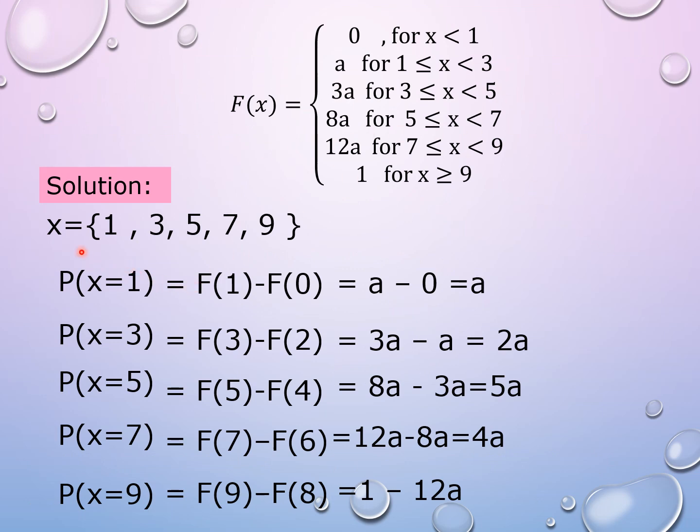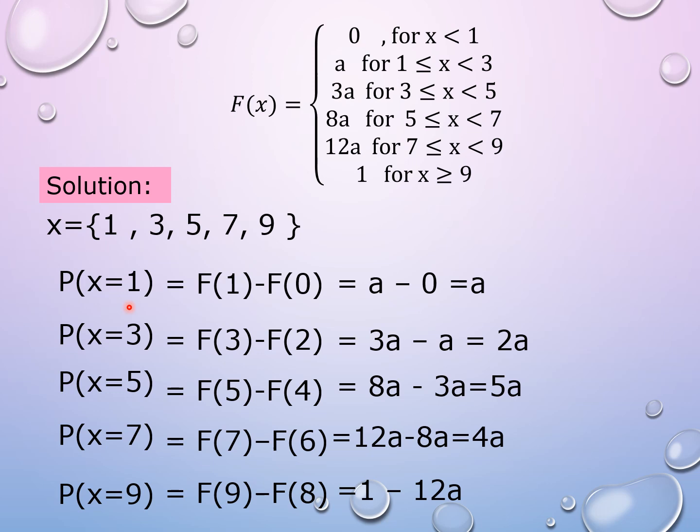Solution. We have x equal to 1, 3, 5, 7 and 9. How do we obtain this? From here we have 1, 3, 5, 7 and 9. So the first one, you need to find the probability of x equal to 1.